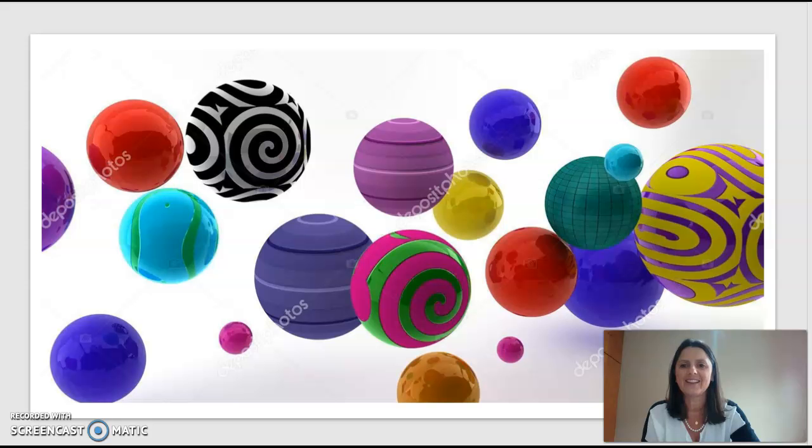Okay? This picture is one example of cuboid. Okay? This picture is one example of sphere. Okay?